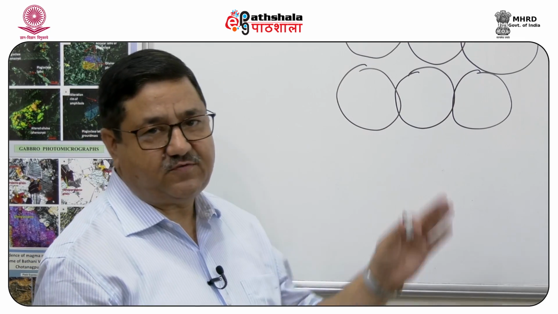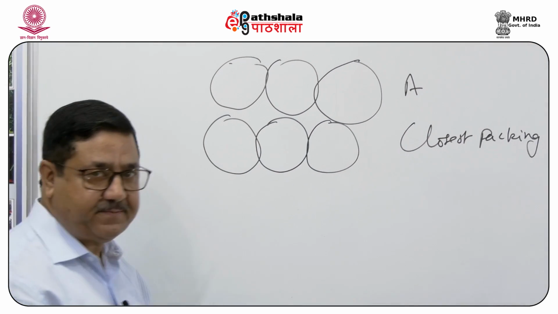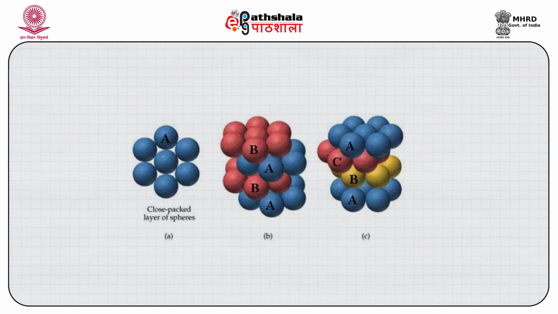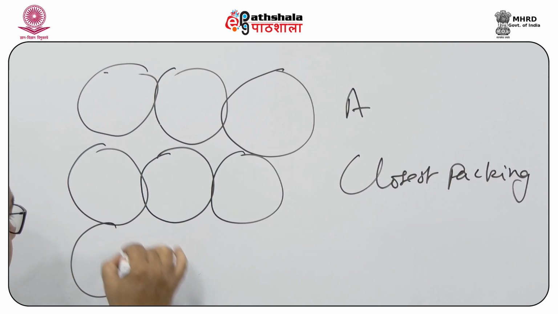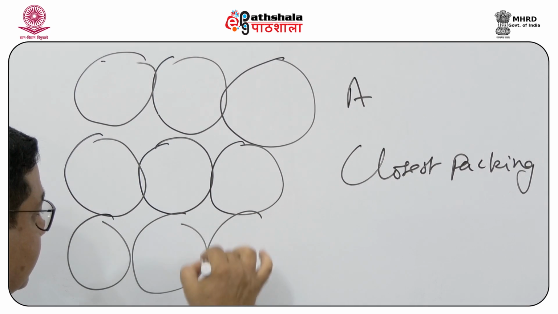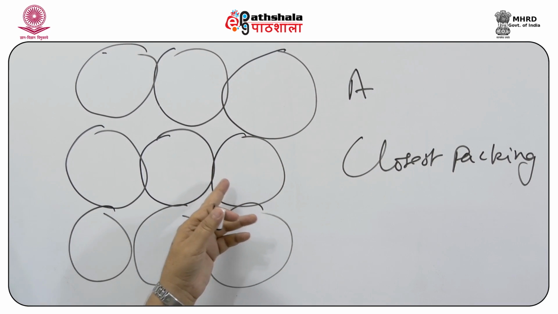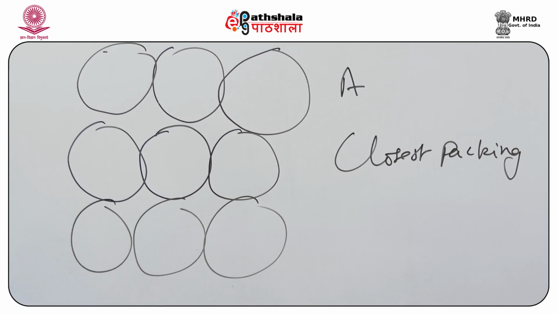So, in one of the situations, supposing we label this layer as A layer, the type of spaces which are available are of two types. As you can see, they are more or less triangular spaces. Some of the triangular spaces point downward and some have apices upward.